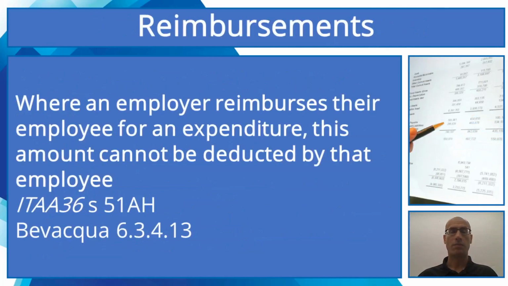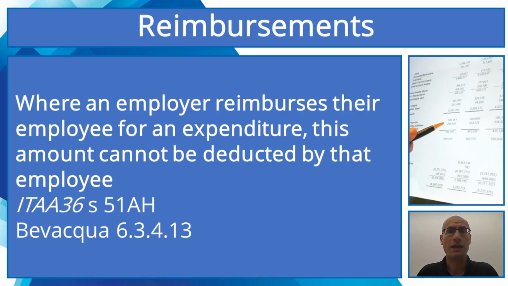The next form of deduction which is disallowed are reimbursements. And look, this is pretty logical. If you've got some form of loss or outlay, and then you are paid to compensate that loss or outlay, you can't double dip. You can't still get the tax deduction because ultimately the net result is that you didn't pay for it.